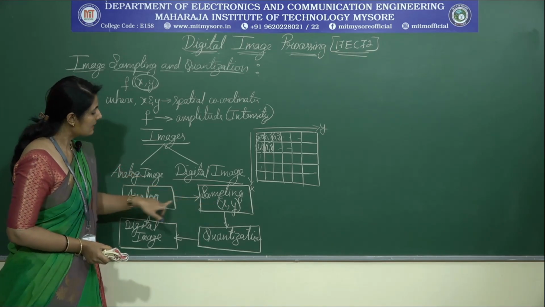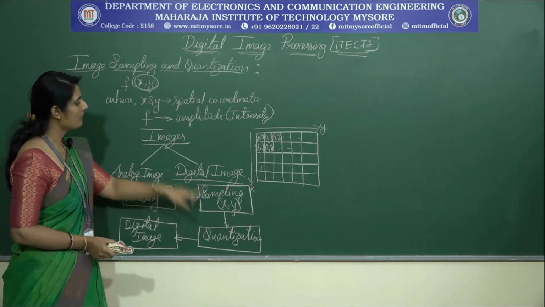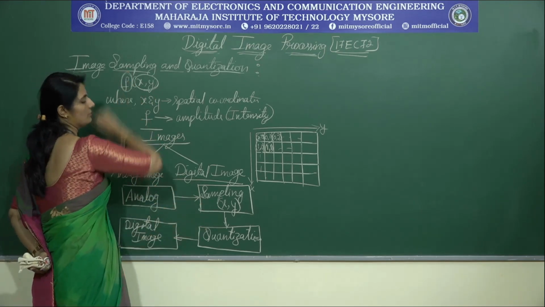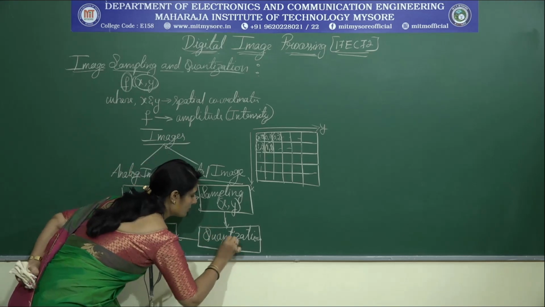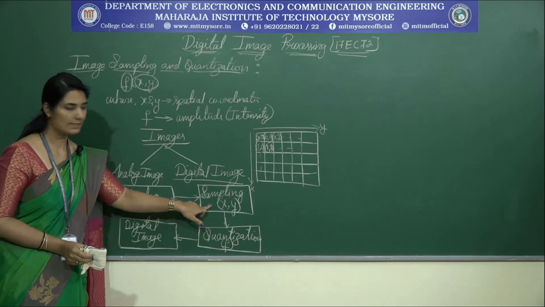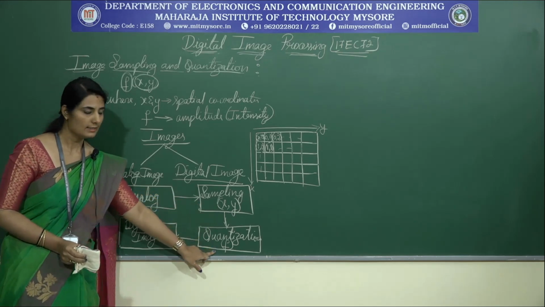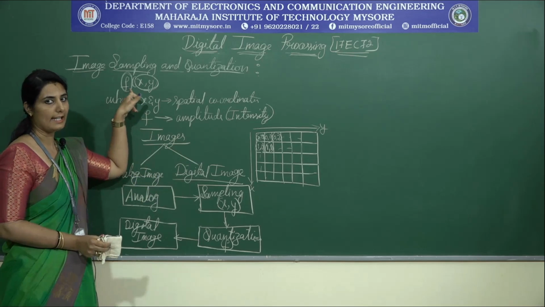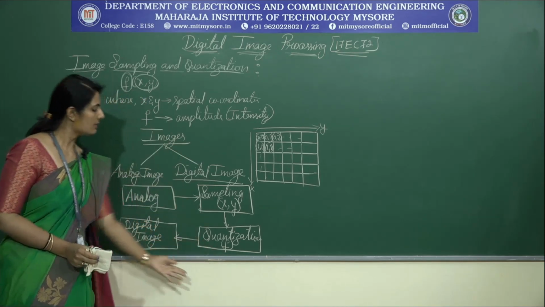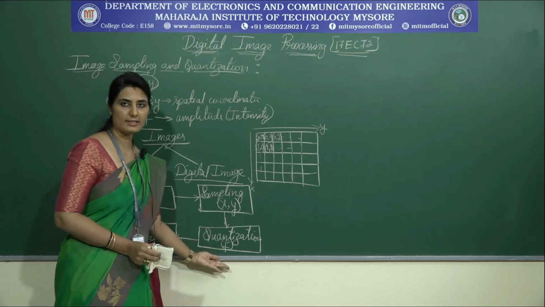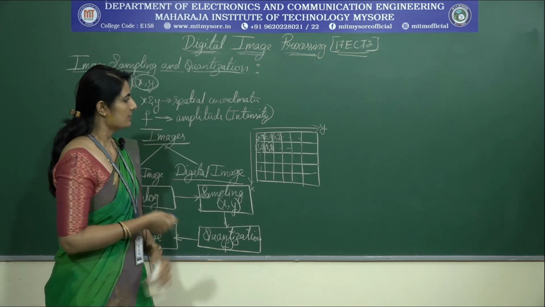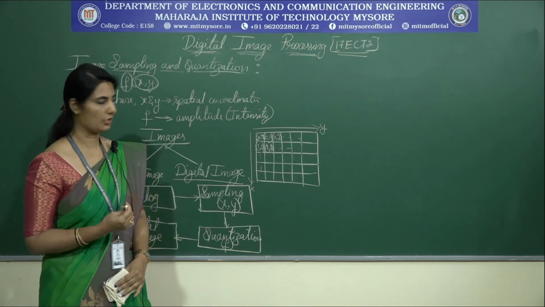Digitizing both coordinate values x and y is called sampling, and digitizing the amplitude value, that is f, is called quantization. Now let us understand the concepts of sampling and quantization better with an illustration.